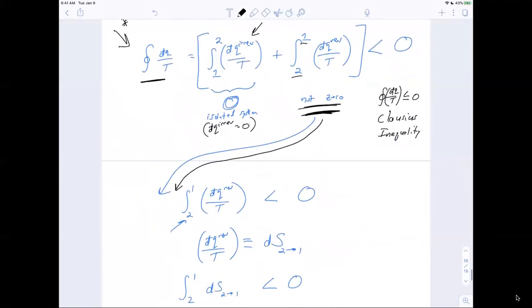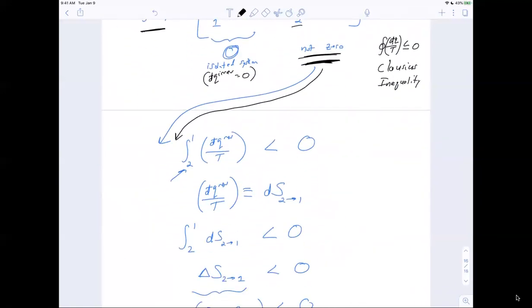So what we have then is that this integral from state 2 to 1 of dq reversible over T is really the integral of dS as you go from state 2 to state 1. Here's the definition of entropy. You see that?